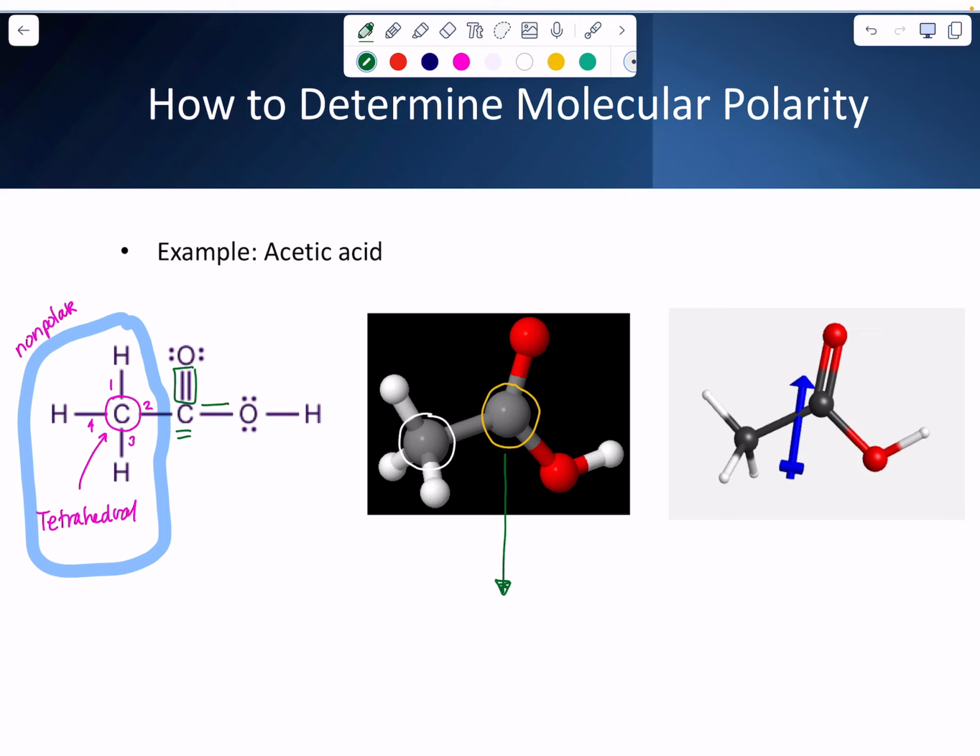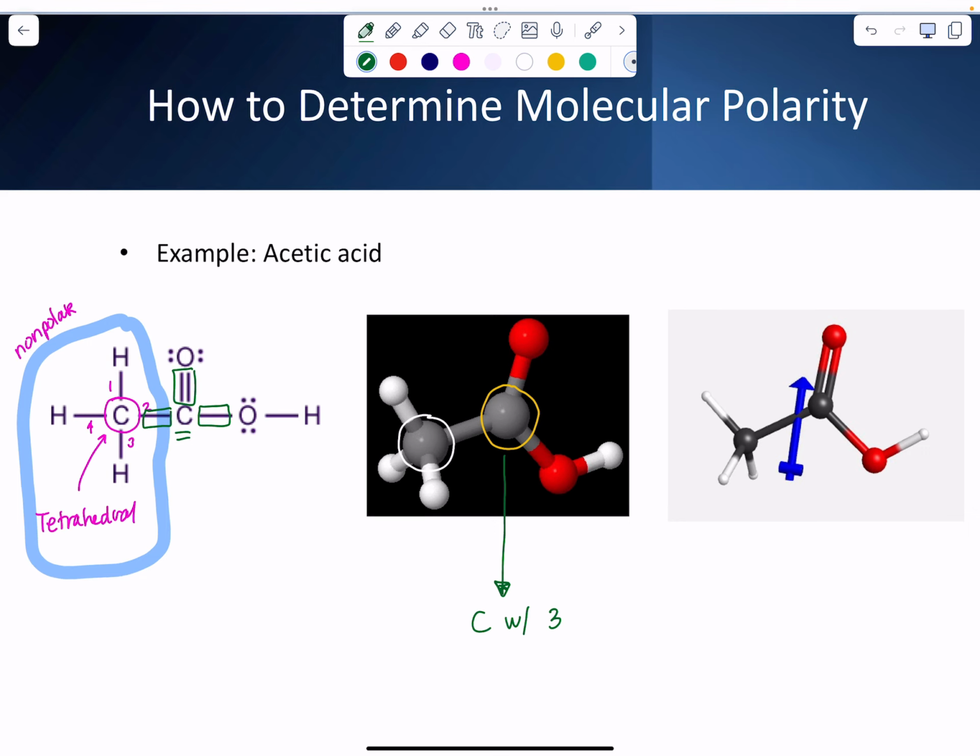So this has 3 things around it. So we've got a carbon with 3 structural pairs. That's going to give us what kind of geometry? Look up in your chart. We've got no lone pairs around it. Trigonal planar.